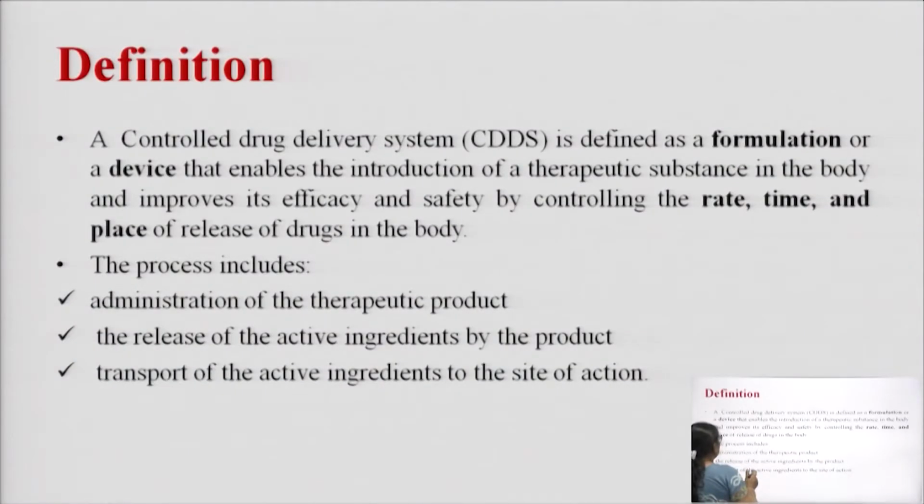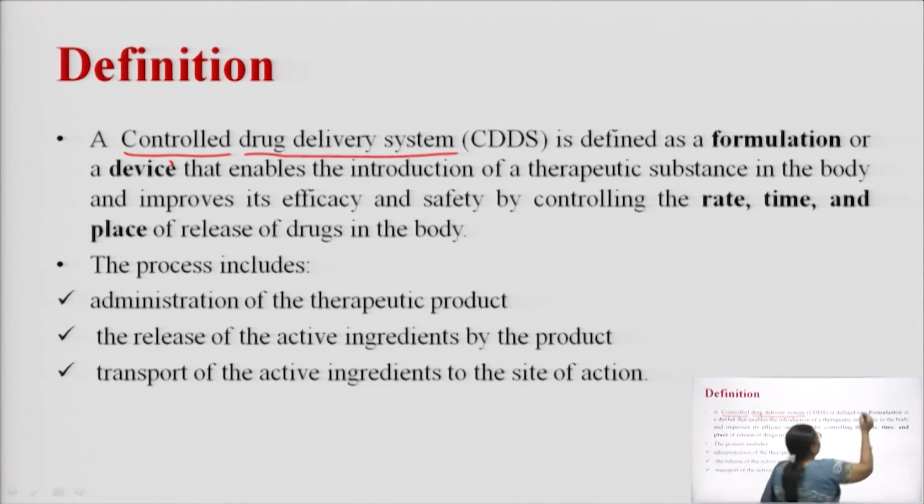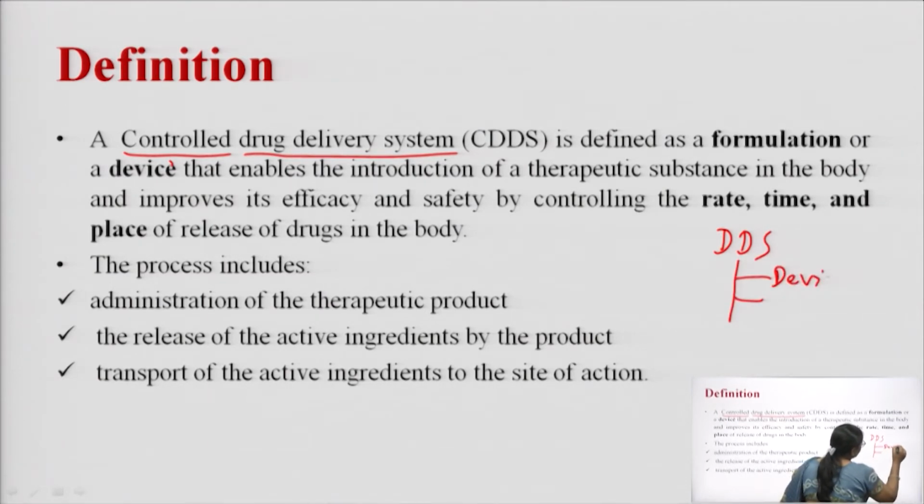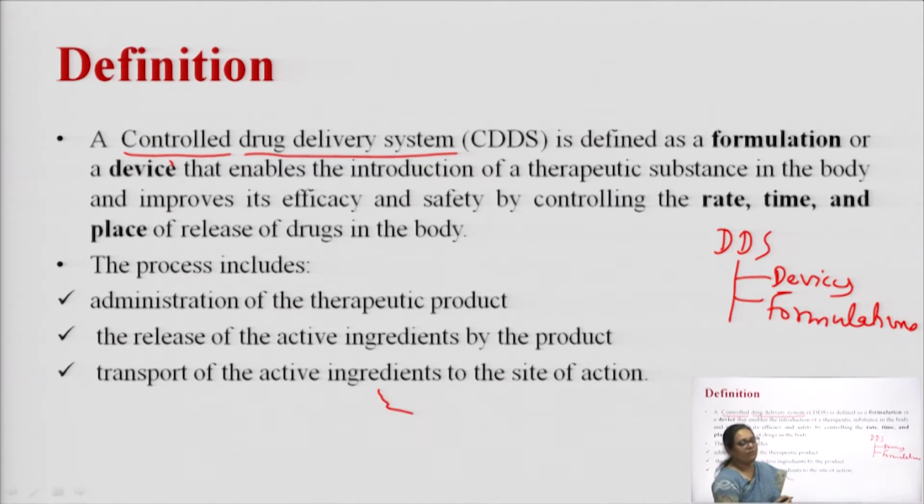Let us look at the definition more closely. The term controlled drug delivery system can be bifurcated into two parts, the drug delivery systems and the term controlled. The drug delivery systems are basically devices or formulations, and these devices or formulations contain what is known as the API or the active pharmaceutical ingredient or the drug in them.